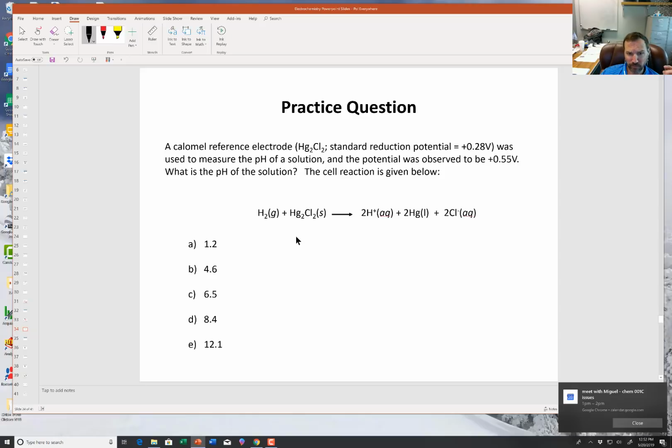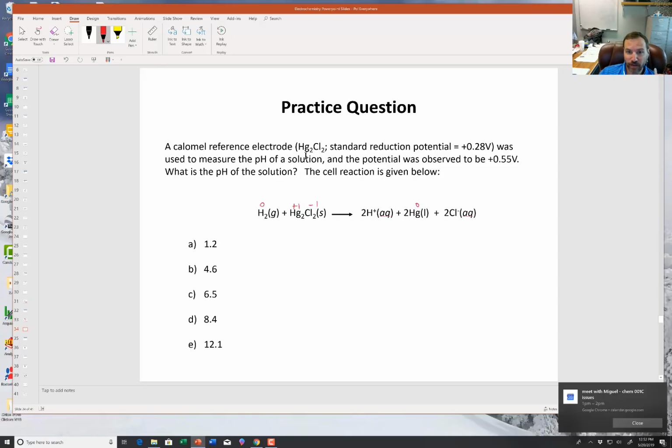But we can do this mercury reaction. So again, we have hydrogen reacting with mercury, producing H plus and mercury liquid. And so hopefully if you go through your redox, we can see then that hydrogen is oxidized, mercury is reduced in this reaction.